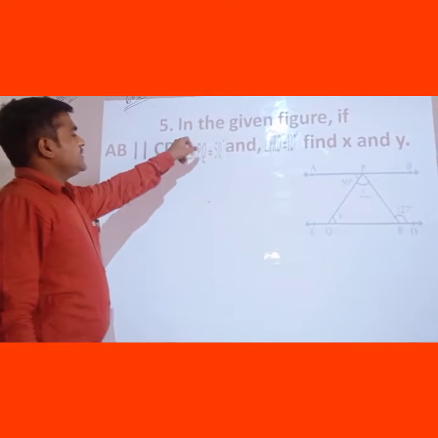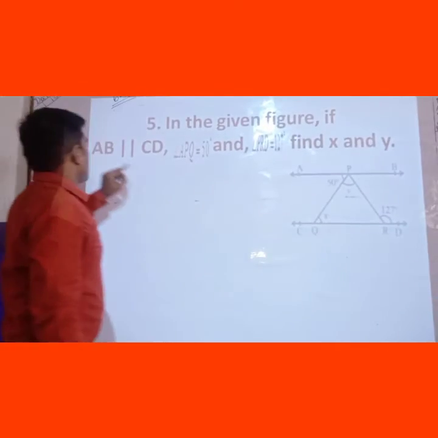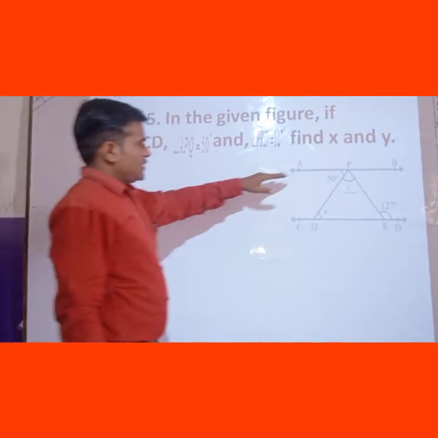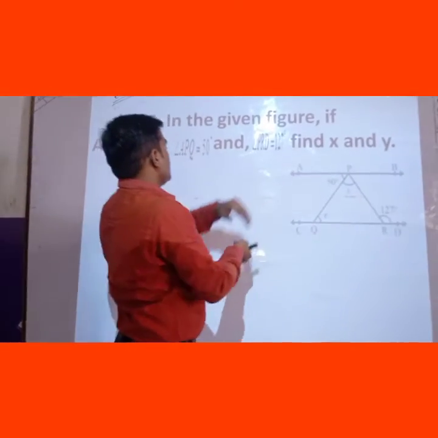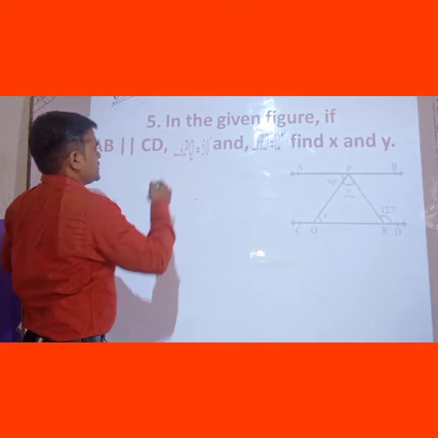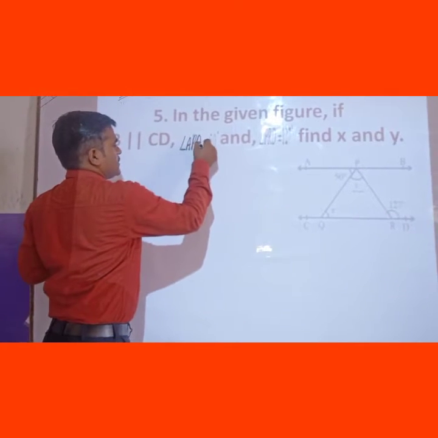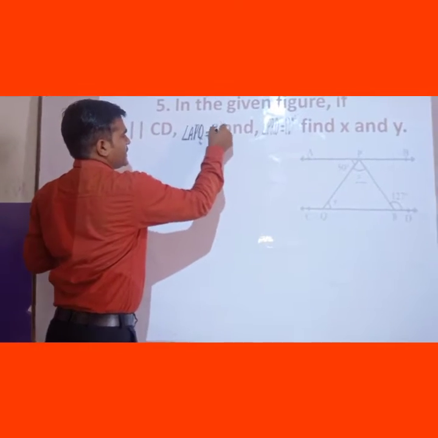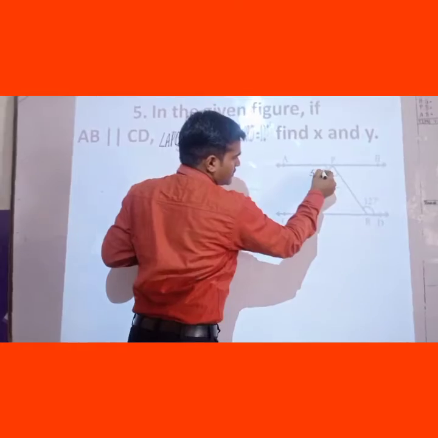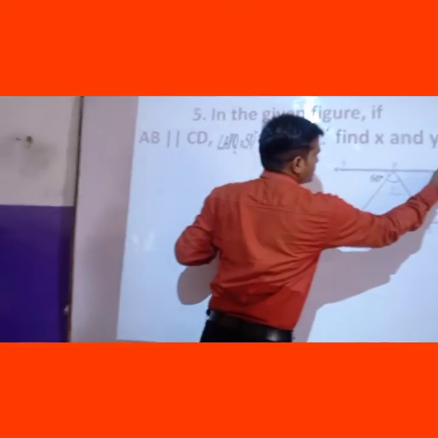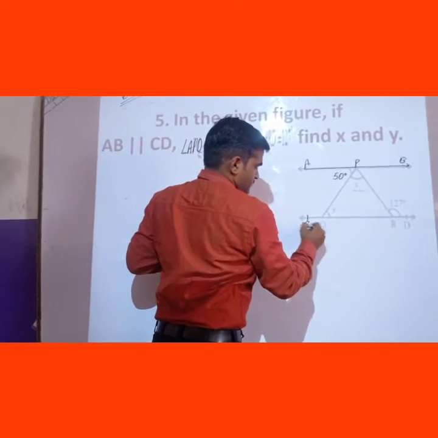Given that in the given figure, AB is parallel to CD, these two lines are parallel. Angle APQ is equal to 50 degree. Angle APQ is given as 50 degree.